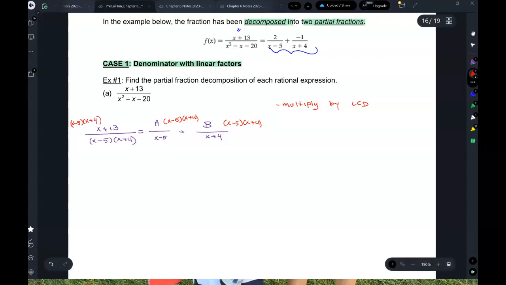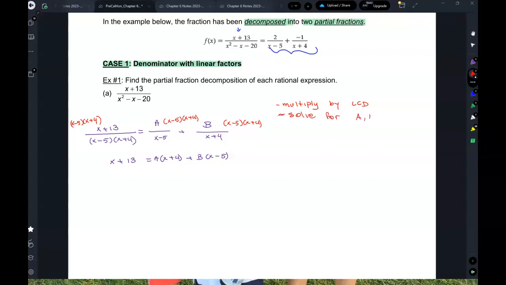Here we get x plus 13 is equal to A times x plus 4, plus B times x minus 5. All good there?